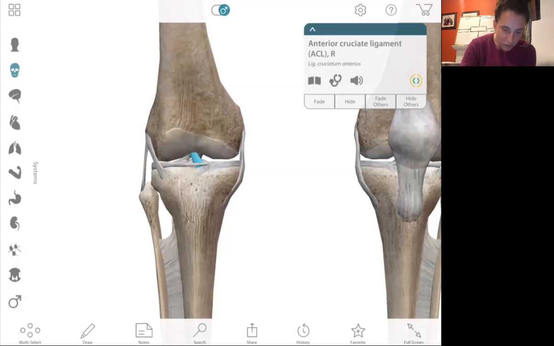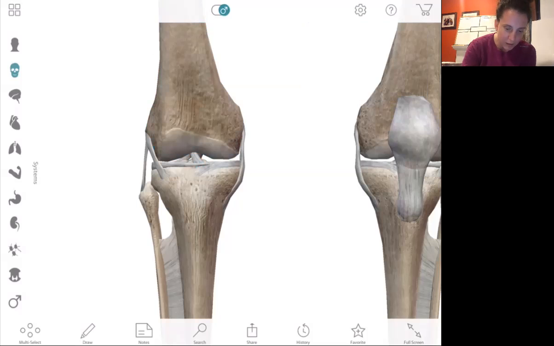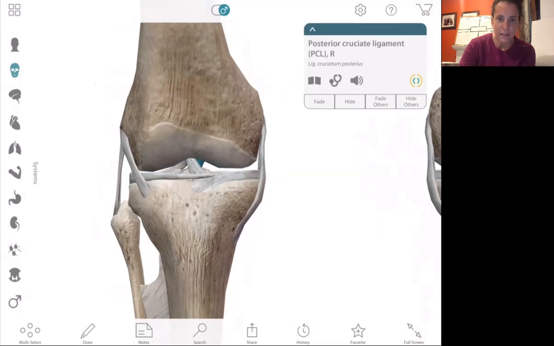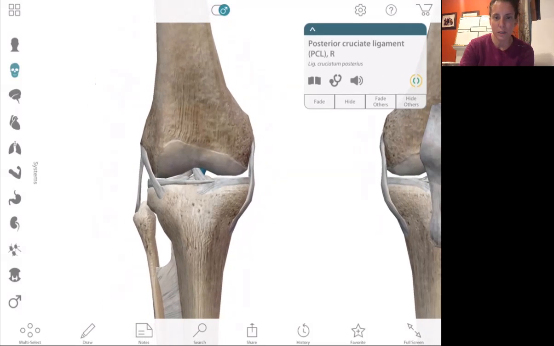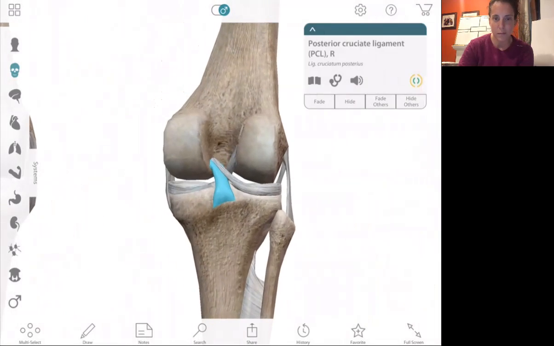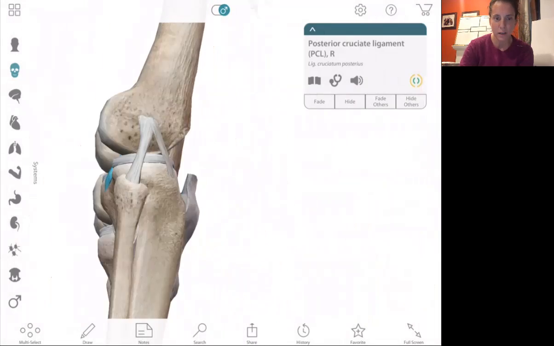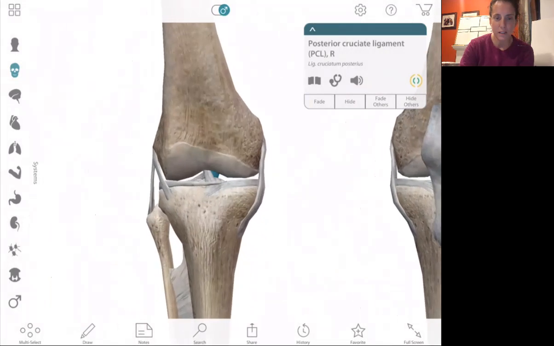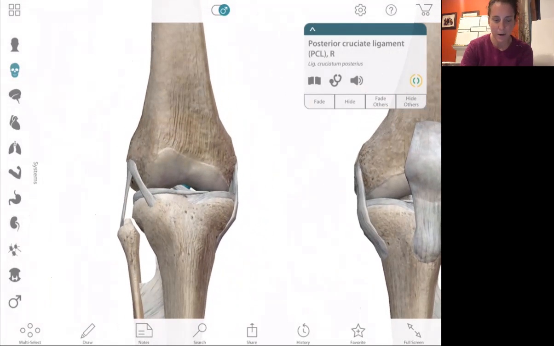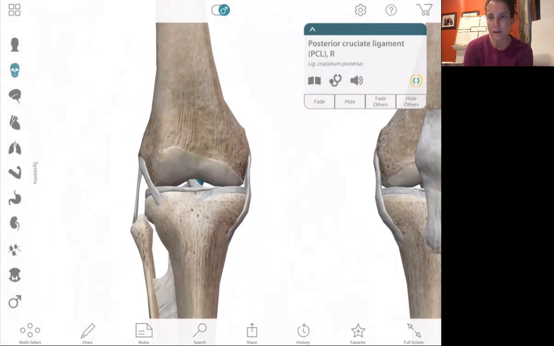Then you can sort of see the PCL back there. Look at that. That is the posterior cruciate ligament. It's more easily visible from the back when I turn it around, but it sits directly behind the ACL, and it prevents the tibia from moving posterior on the femur.